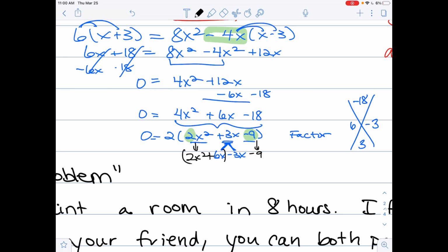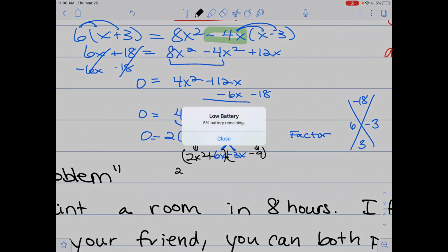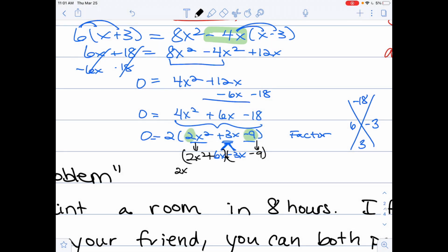And now we're going to group these. So we can pull out a 2x times x plus 3 and a negative 3 times x plus 3. These are twins, so we can pull out the x plus 3, and we're left with 2x minus 3 equals 0.